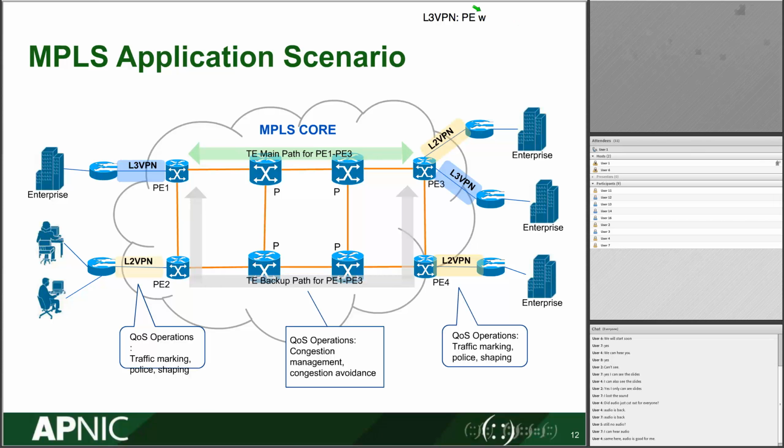The PE routers maintain the VPN routing tables. But for layer 2 VPN, the PE routers will not maintain this information. They just provide a layer 2 link.